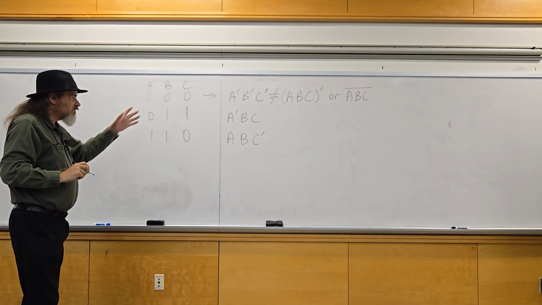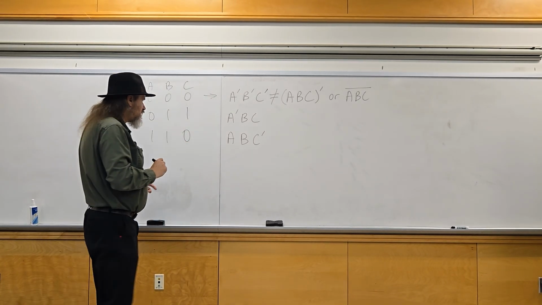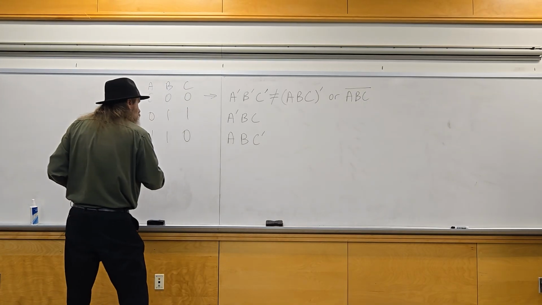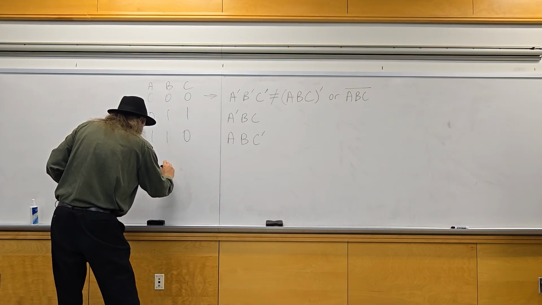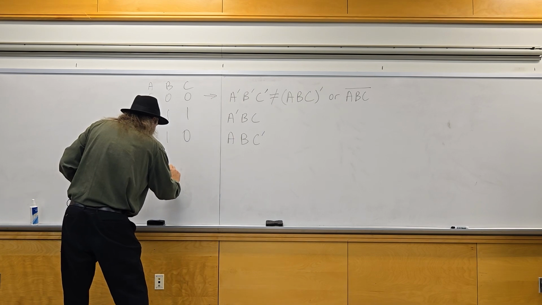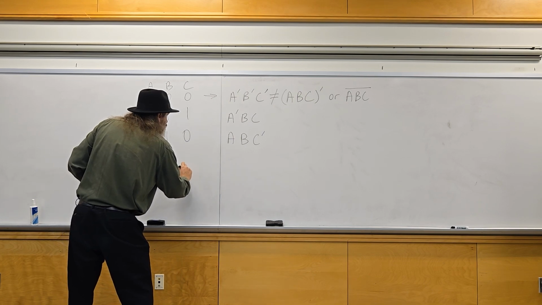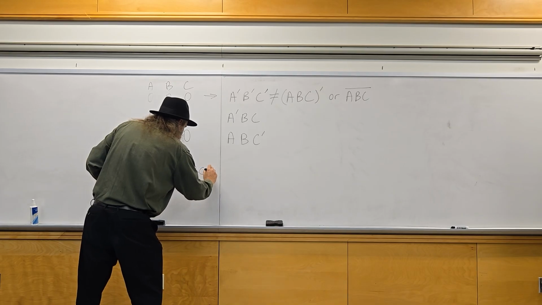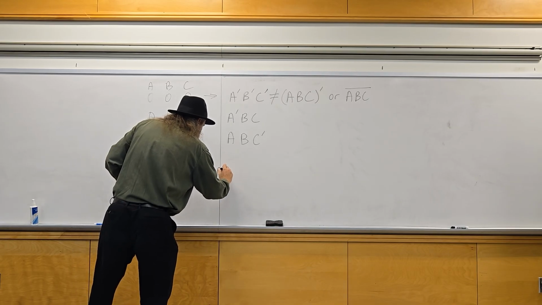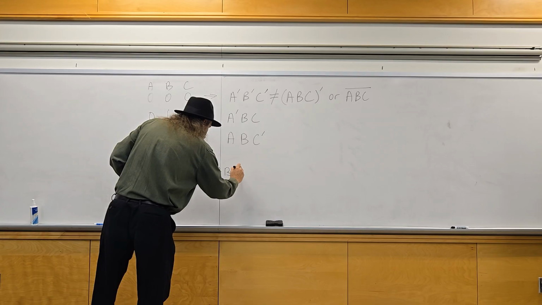And then you OR these together to be A prime, B prime, C prime, plus A prime, B, C, plus A, B, C prime.